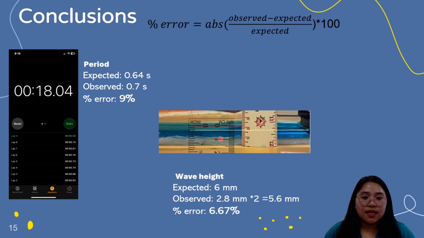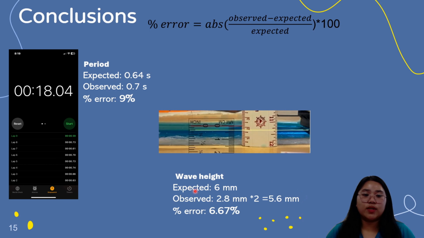For the wave height, it was very hard to actually measure. But I was able to find a software that provided a ruler with millimeter calculation, and according to this, the observed is 2.8 millimeters. But that's the amplitude, so we have to multiply it by 2 to get the wave height.